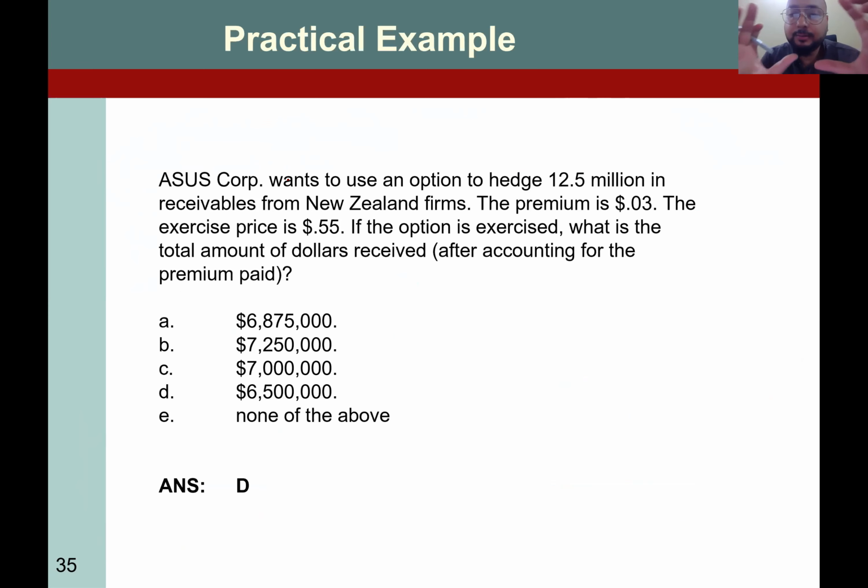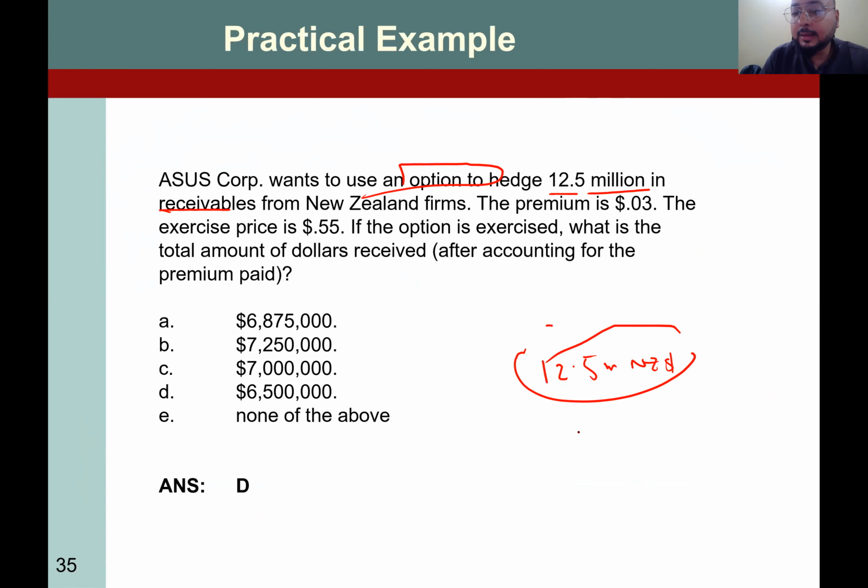Now, read slowly. ASUS Corporation wants to use an option to hedge 12.5 million in receivable, right? They are receiving 12.5 million New Zealand dollars, right? And they enter into the option contract. They say that we are going to sell our NZ dollars at 0.55, right?